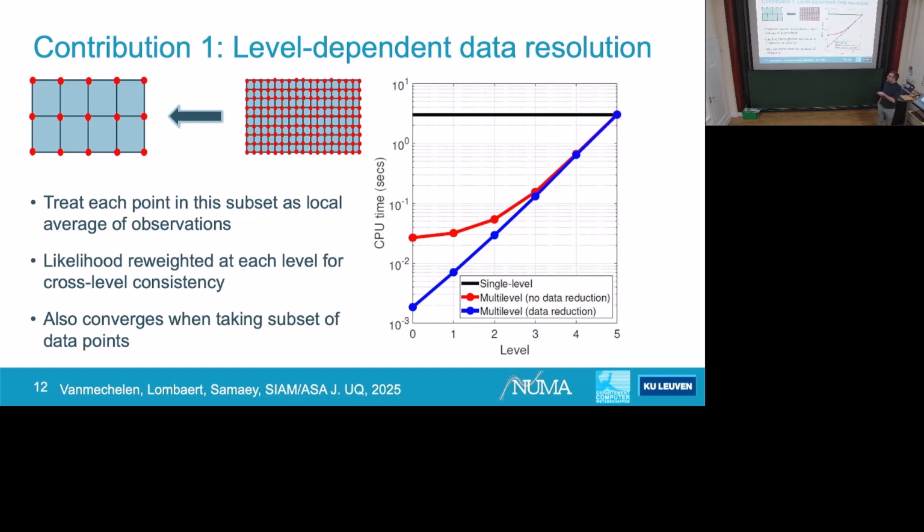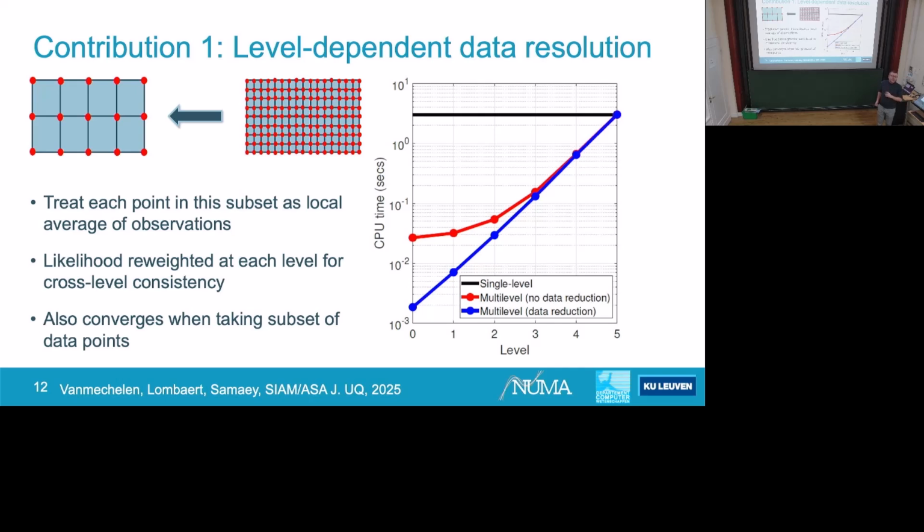And this is done by basically considering this data point not as one of the data points of here, but as a projection of the data of all the neighboring points onto that point. Which means that you have to consider this data point as some sort of average of the data surrounding it. So there is a projection step involved, which reduces the noise if you go from a finer level to a coarser level. The perceived noise level at the coarser level is lower because it's considered as an average.